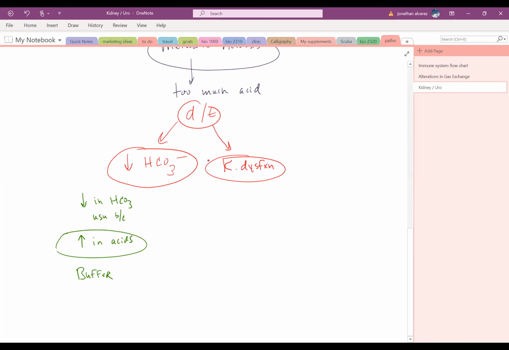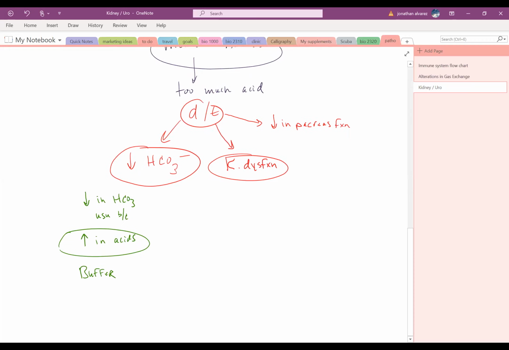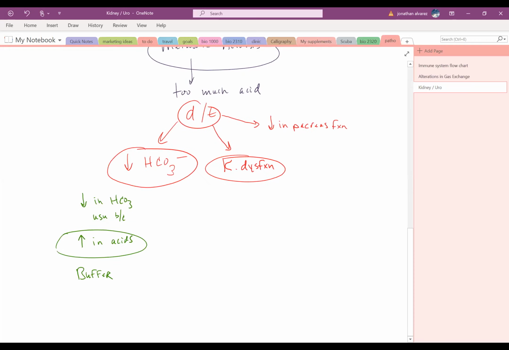So this covers quite a wide range of disorders. Okay, a decrease in pancreas function.